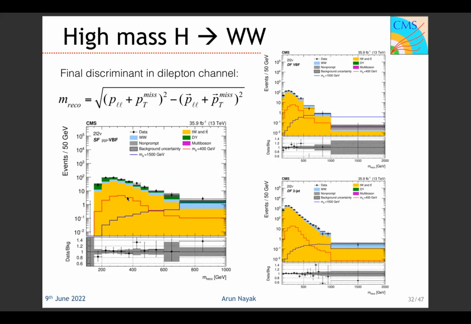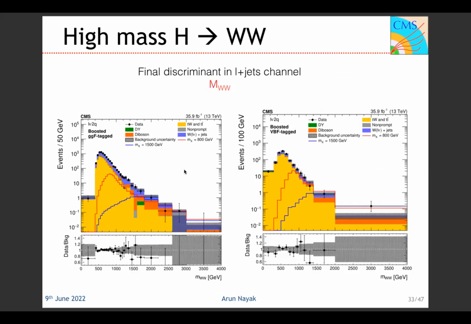And here you see the expected signal contributions for different masses of this resonance. For the lepton plus jet channel, since you can reconstruct both W's, they reconstruct the full WW mass in this case, and you see the WW mass distribution for the gluon-gluon fusion category and VBF category.